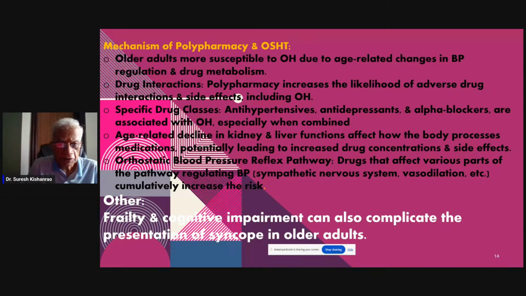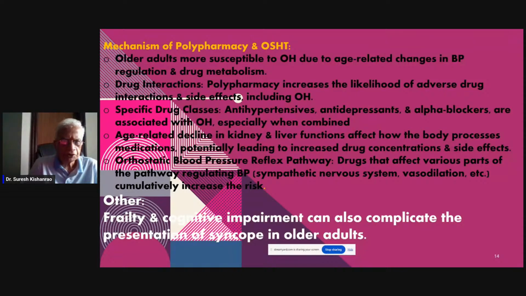Age-related decrease in kidney and liver function also affects the body's processing of medications, leading to increased drug concentration and side effects. The orthostatic blood pressure reflex pathway also gets affected due to these multiple drugs.